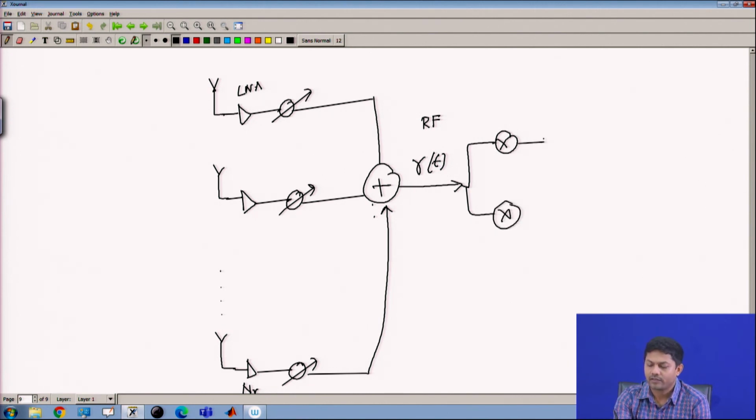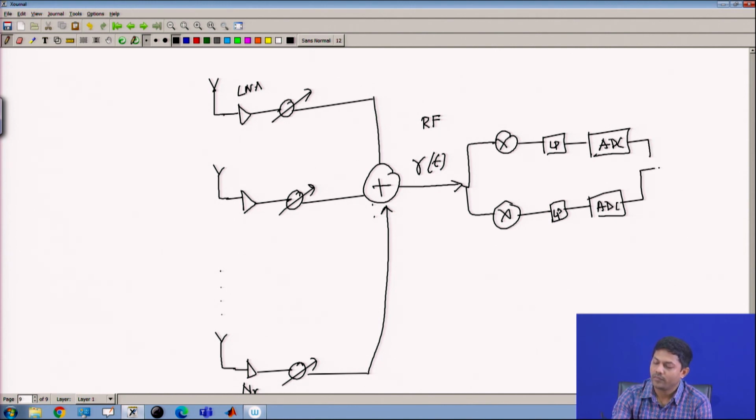LPF you put it, low pass filter. Then we have an ADC. Now, this one will give me R_n.